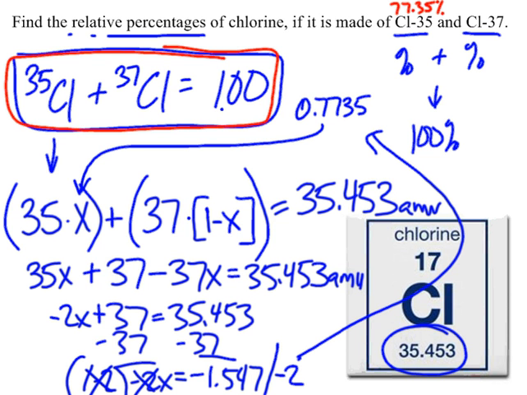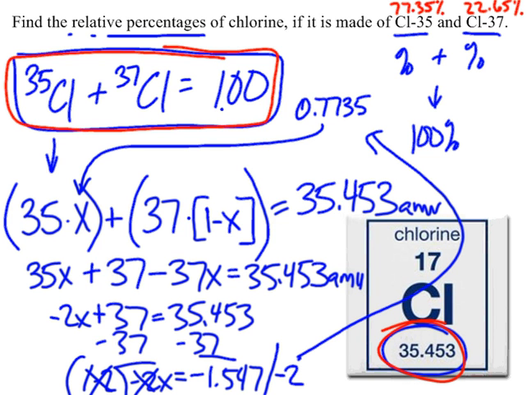So I would go 100 minus 77.35, and I end up with 22.65%. So that's how we calculate the abundances, or the relative percentages of an element, if you have the average atomic mass and you have the isotopes and the masses of the isotopes.